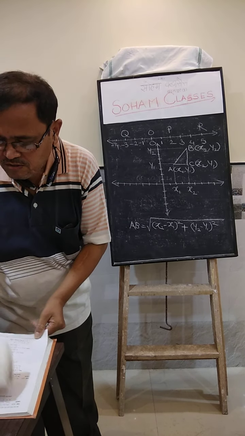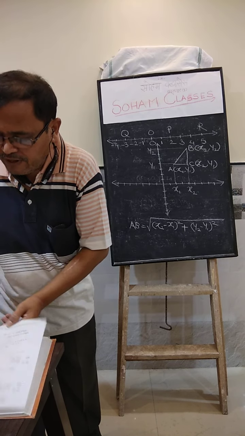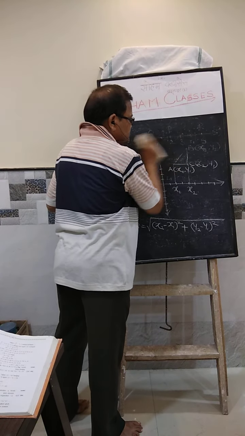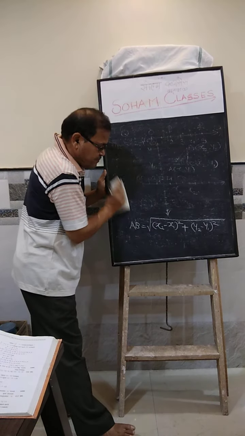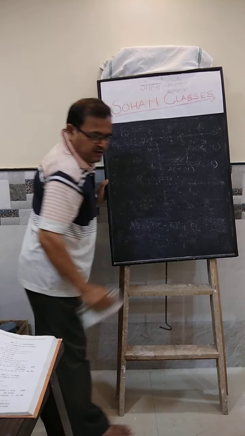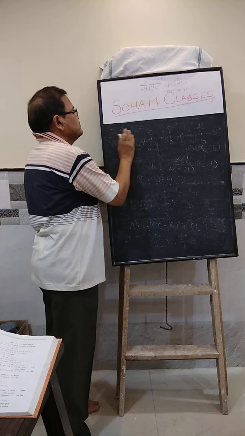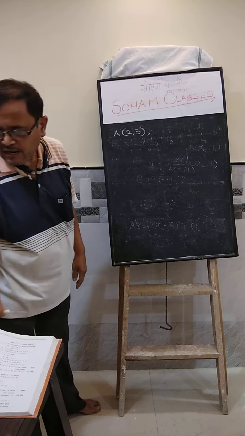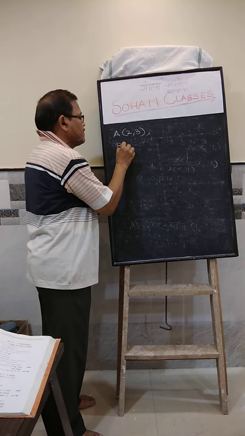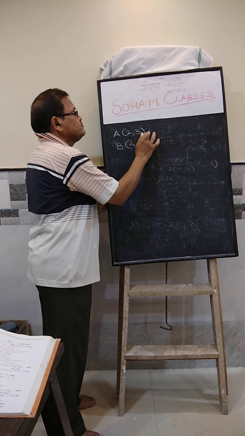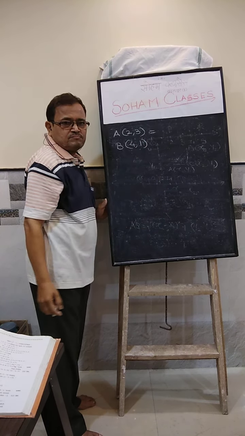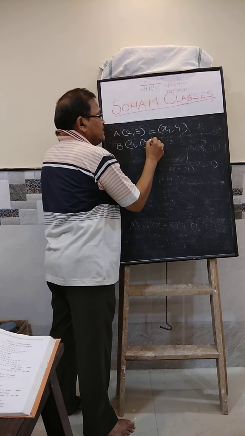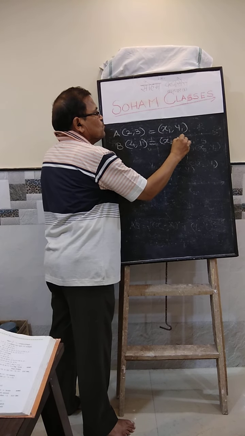We are trying to solve practice set 5.1. In the first example, we have to find the distance between 2 points. Look here, the coordinates of point A are 2, 3 and the coordinates of point B are 4, 1. Suppose this is x1, y1 and this is x2, y2.